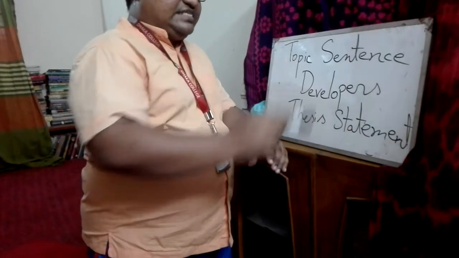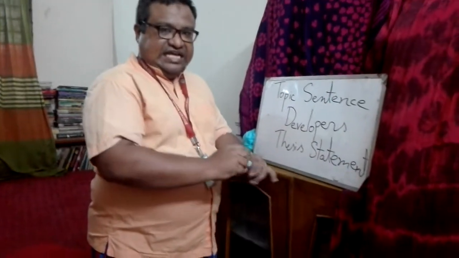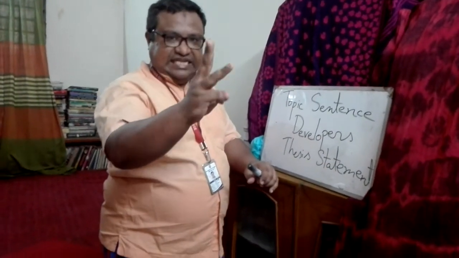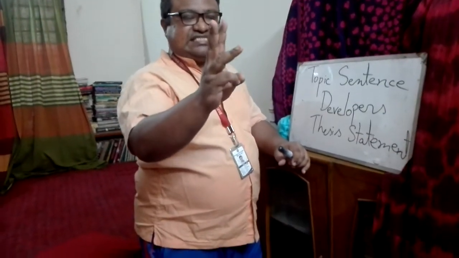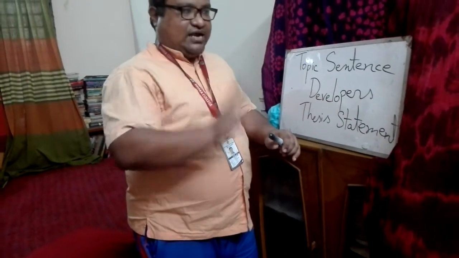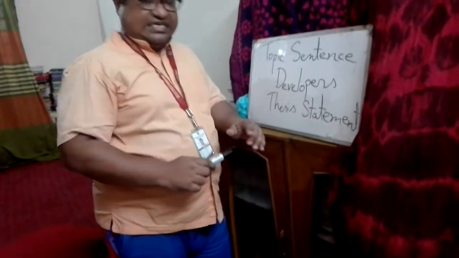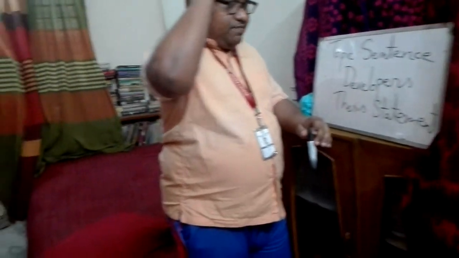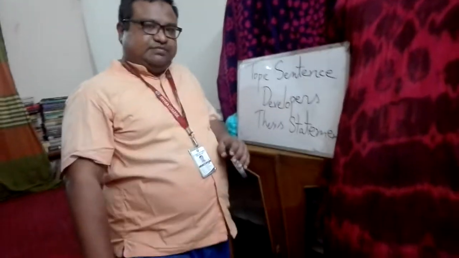The topic sentence, developers and thesis statement, these three things are the basic structures of a paragraph. Any paragraph starts with a topic sentence. It is followed by the developers and it ends with the thesis statement.